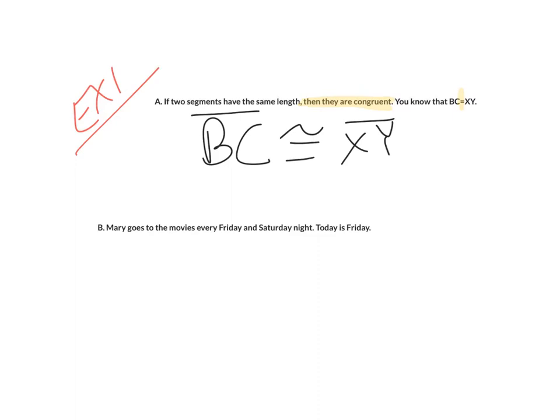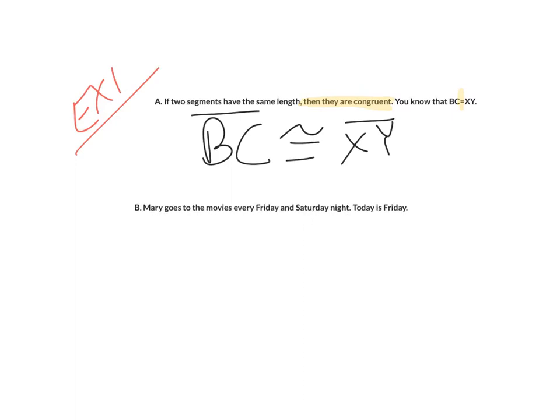Today is Friday. All right, so Mary goes to the movies every Friday and Saturday night. Today is Friday. So what do we know is going on? Mary's going to the movies. Yep. So you would say, today is Friday. Mary is going to the movies.